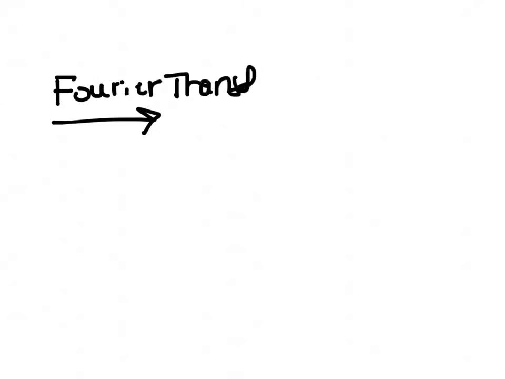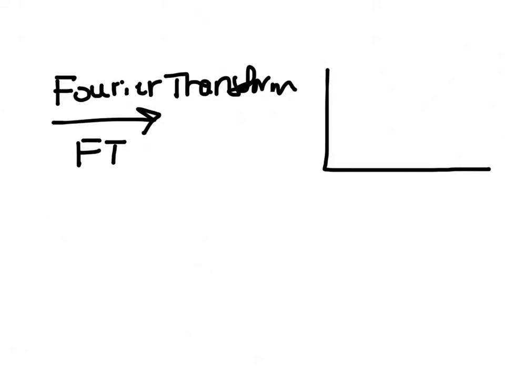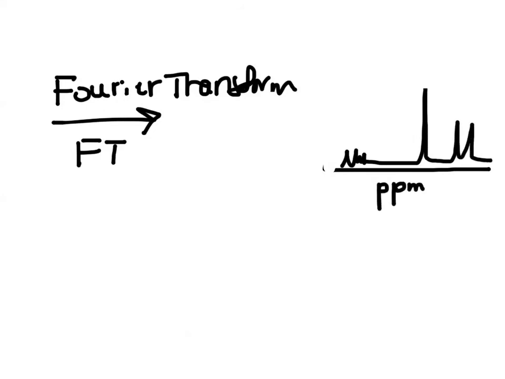We can then use a mathematical operation called a Fourier transform, or FT, to convert the signal, the FID, into an NMR spectrum. Okay, so that is how we acquire an NMR spectrum.